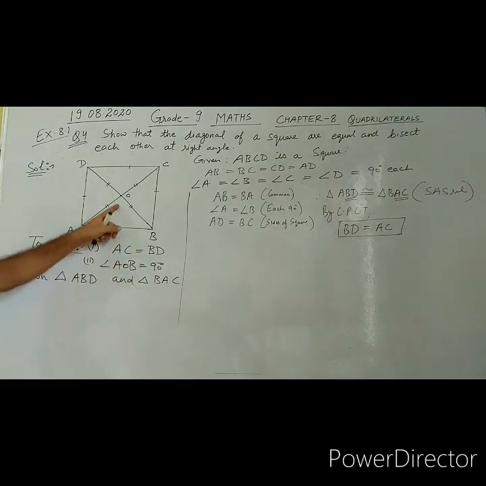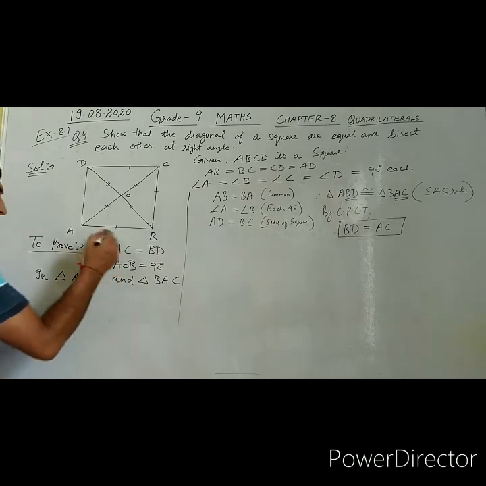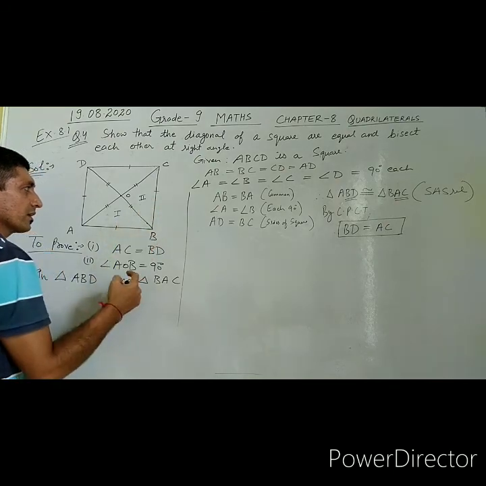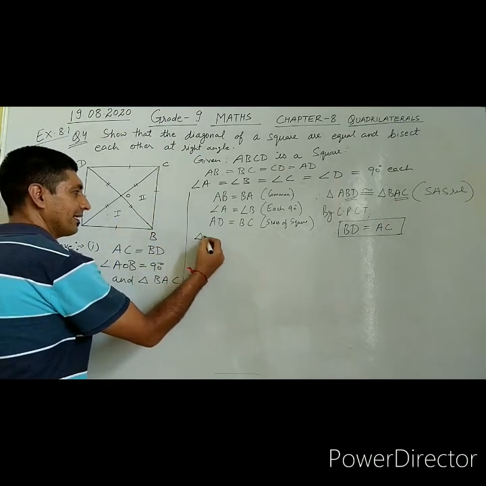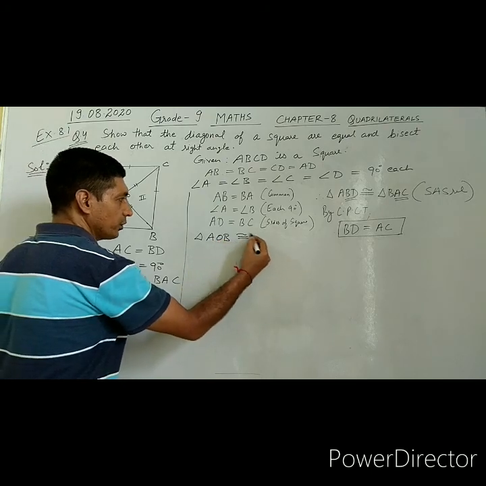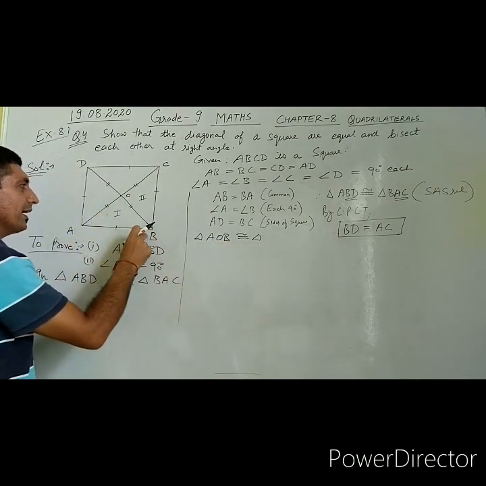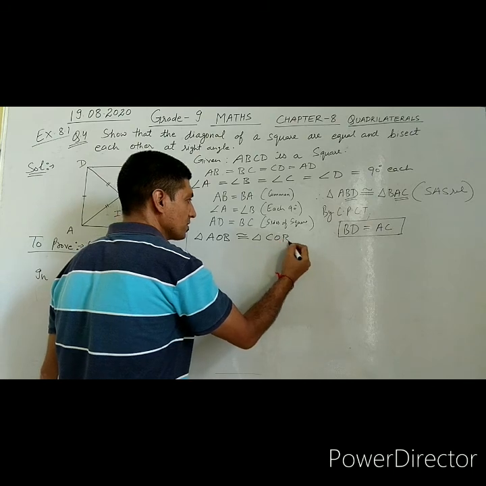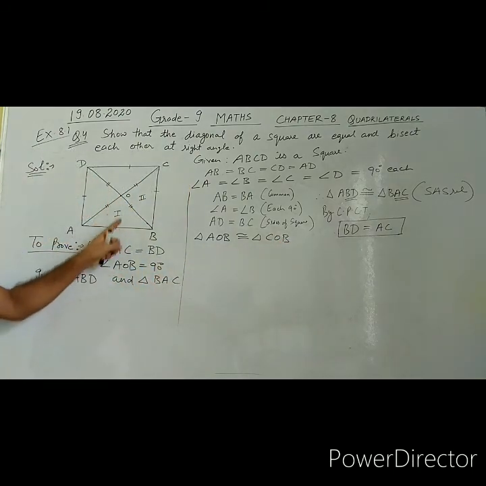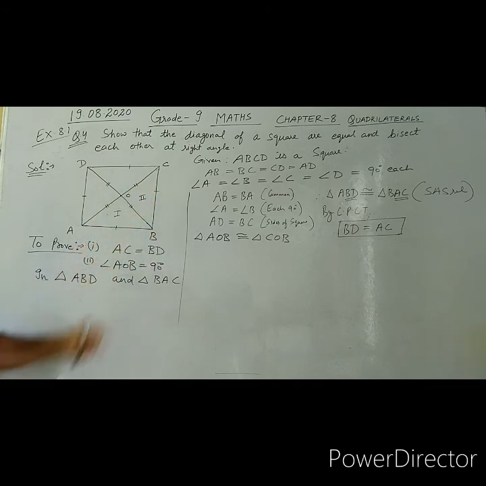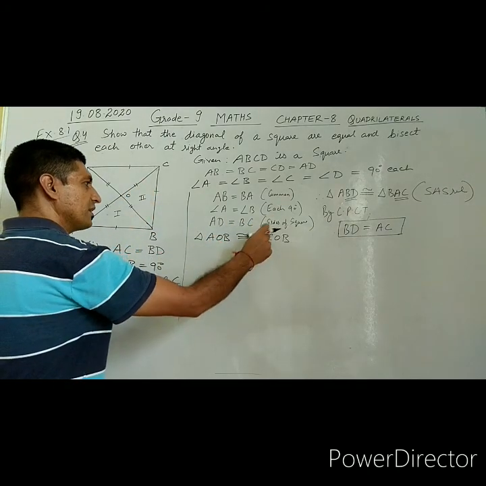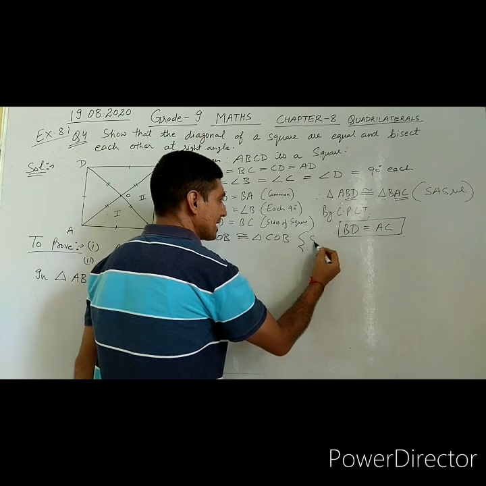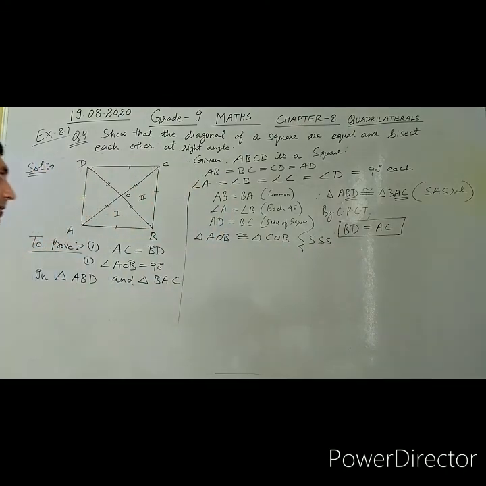We are interested to prove angle AOB is 90, so we take triangle AOB congruent to triangle COB, or BOC, either way, by the side rule of congruency.